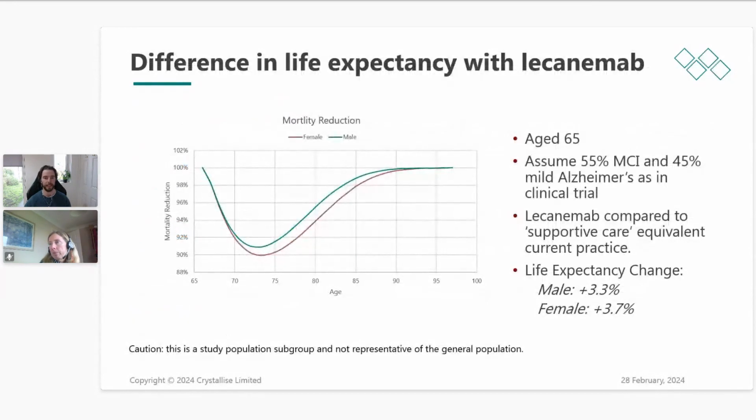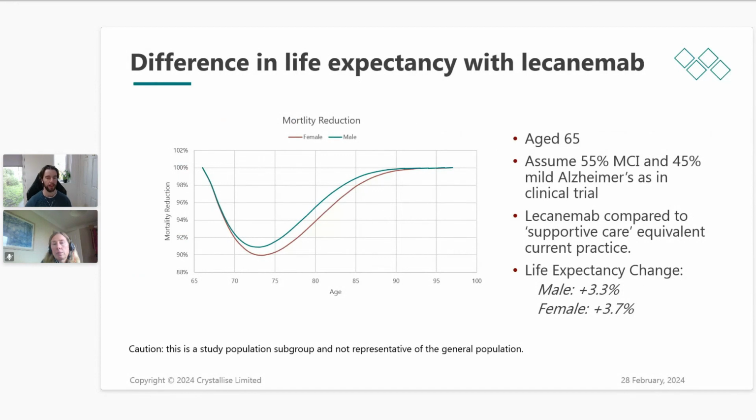And here we see the effect on mortality reduction for someone, male or female, aged 65. So this is a reduction factor on mortality. We see from the outset there's no impact. And of course, we know that it takes over a year for the drug to take effect, for the drug to remove these amyloid plaques.